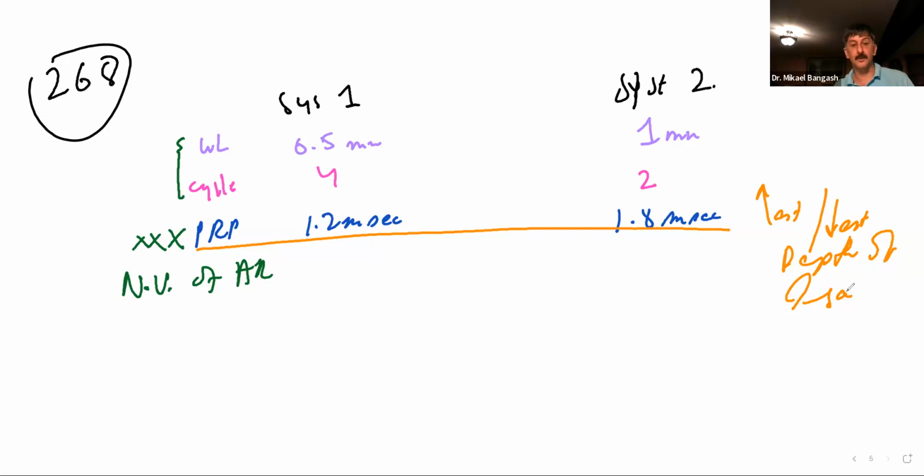Then that would be this system here, 1.8 milliseconds, which would have the greatest depth because of a greater PRP, greater time from pulse to pulse. And this one here has the lowest depth of image, because of a lower PRP.